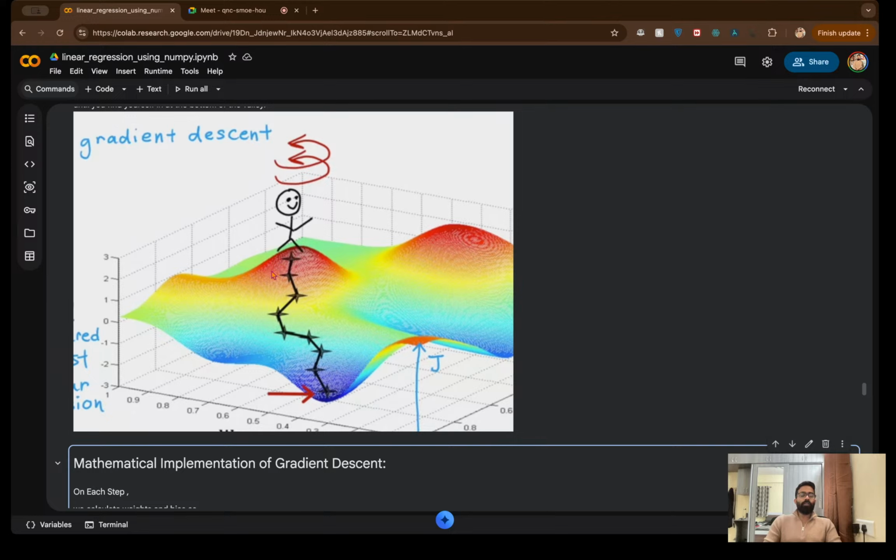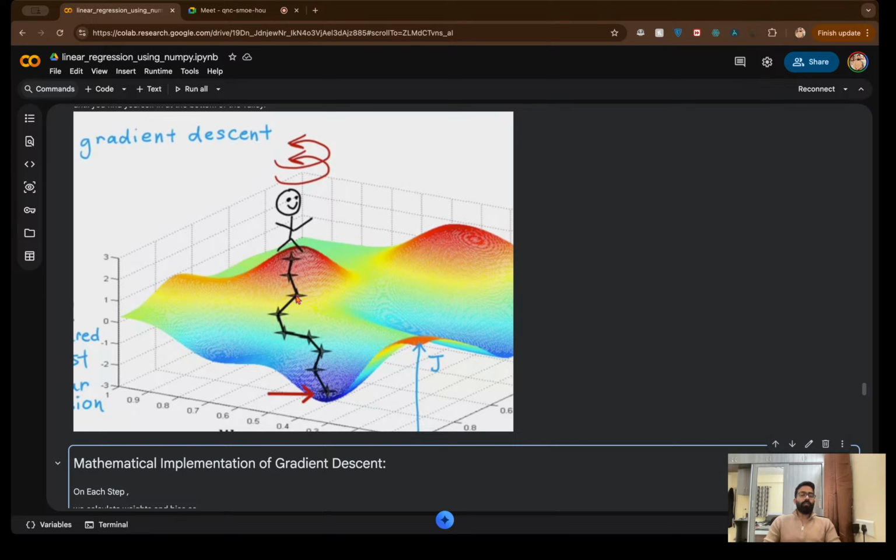How many values of w and b are there? It will consider all the values, and whichever value gives the lowest J, it will take that value. Then it will go down, and at this point it will again consider all the values around it. If it goes back, J will be high. If it goes here, the J value will be less, so it will take this path.